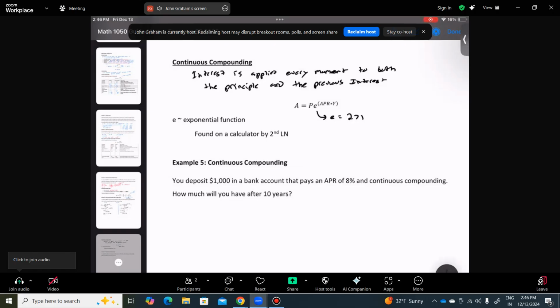So you deposit $1,000 in a bank account. So P is your 1,000. APR of 8%, 0.08, and you're doing continuous compounding in 10 years, so years is 10. We'll plug these values in.